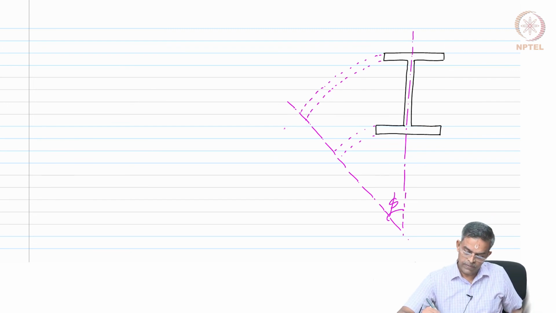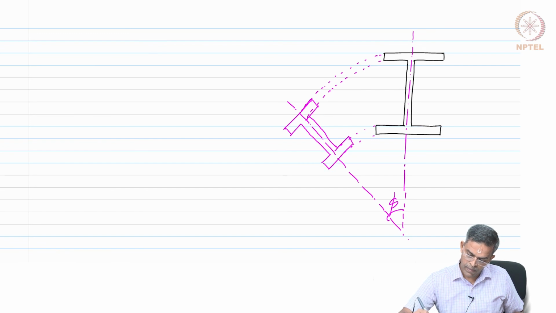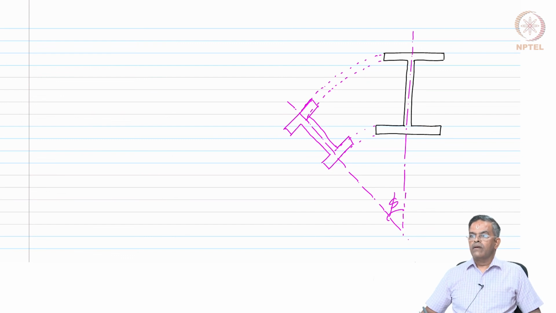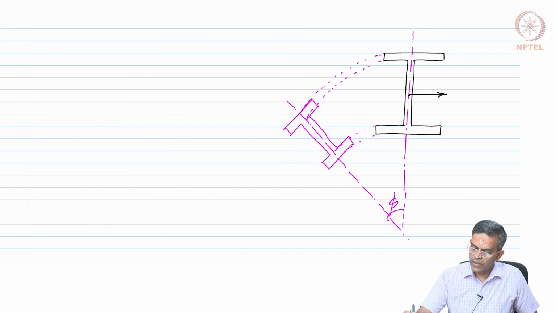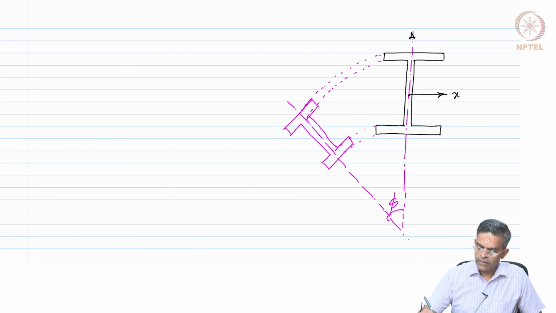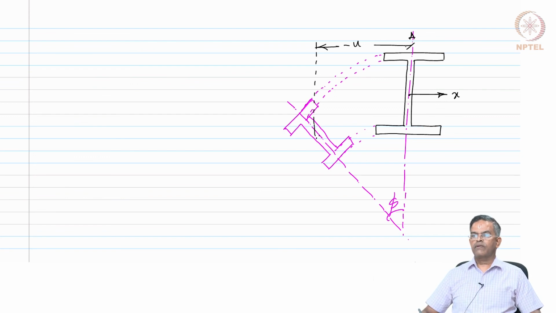Let us say it is a new section. Let us say this was my x axis, and let us say the displacement of the new CG from here is minus u, move towards the left.